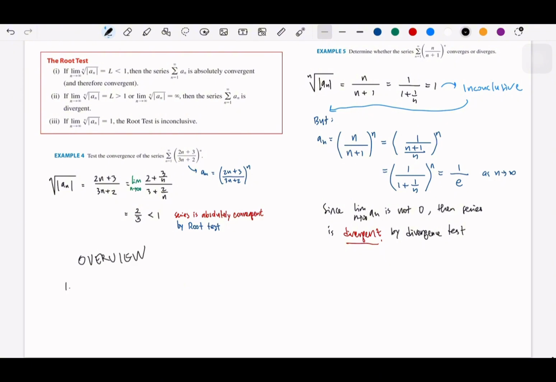I will write simply from the very simplified test, which is the divergence test. So as long as the limit is not 0 or the limit doesn't exist, then we know it's divergent.